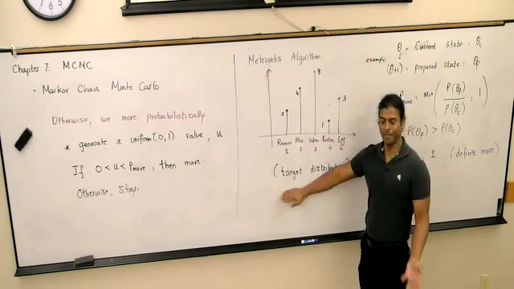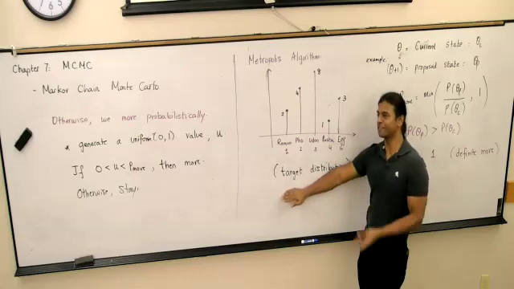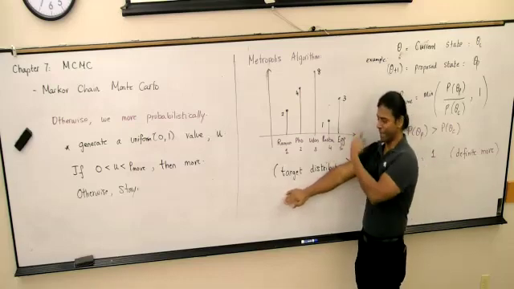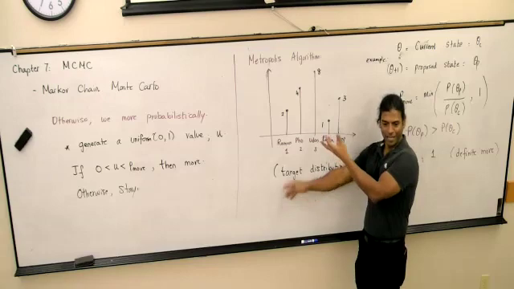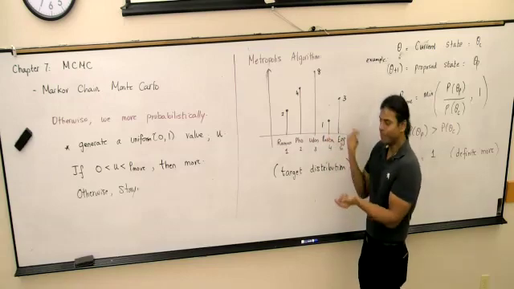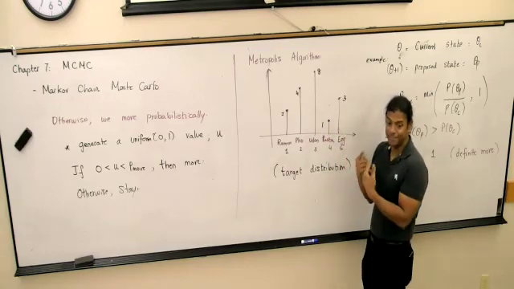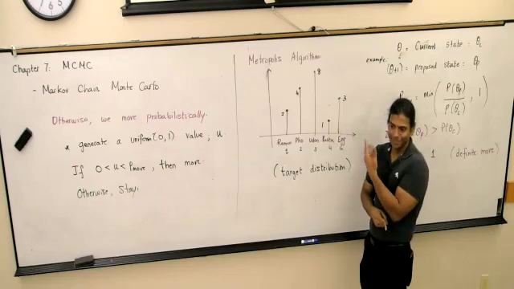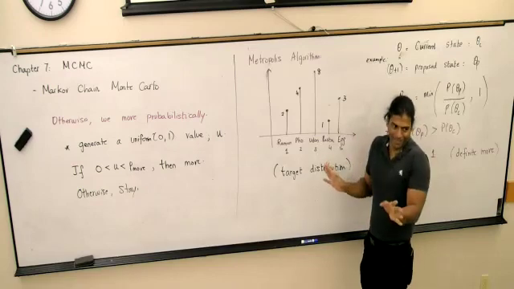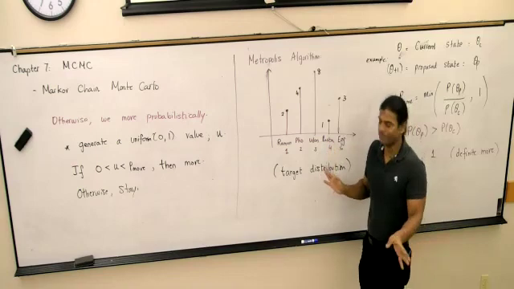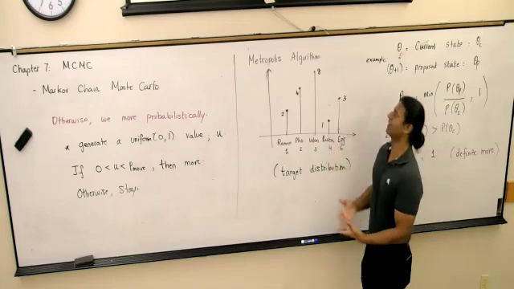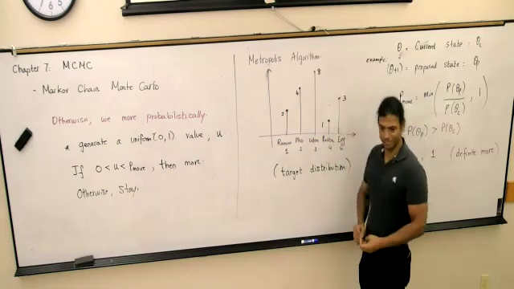That makes sense intuitively. If I'm making decisions based on this, if I'm going back and forth based on this, I'd better converge to this. Yes? It should make sense intuitively, because all my decisions are determined by this distribution.